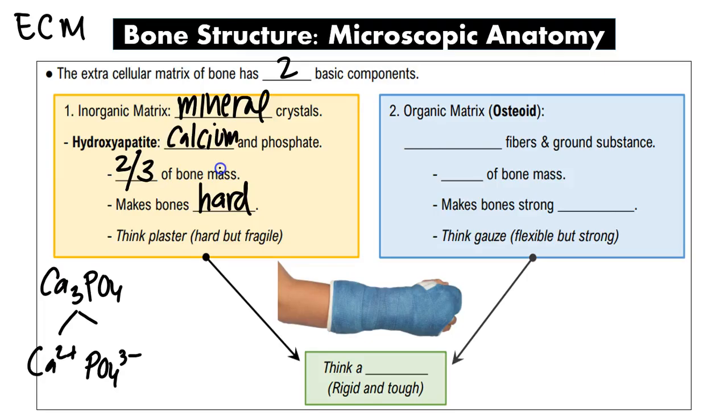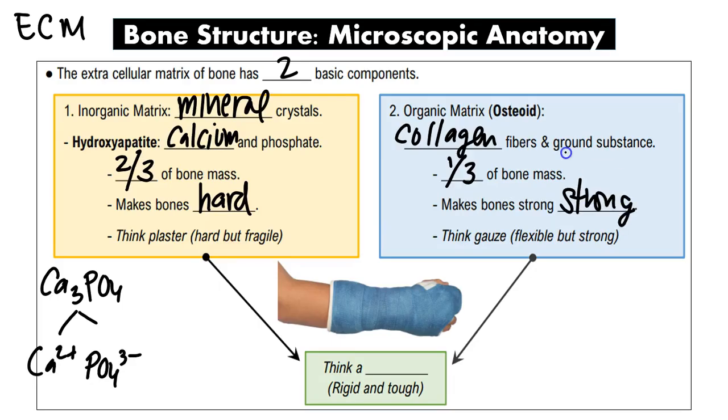We need to make sure there is an organic matrix, which is going to be our good old collagen fibers. And of course, ground substance, but that's going to be small amounts, so it's really going to be collagen fibers. Now, if this hydroxyapatite is 2/3 of the bone mass, the collagen fiber is 1/3, and that's going to make the bones strong. Okay? So one great example is gauze.